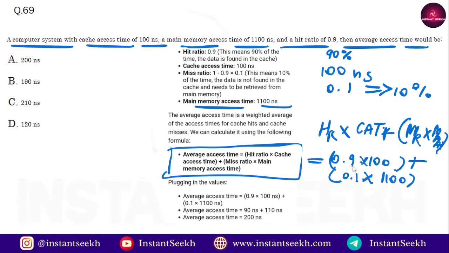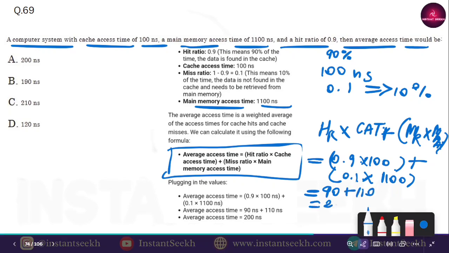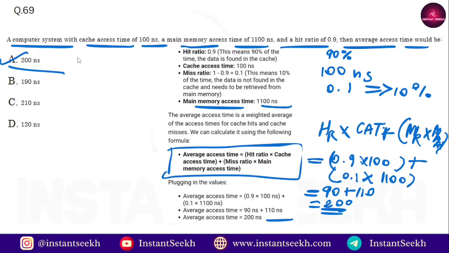If you calculate this, 0.9 times 100 gives 90, and 0.1 times 1100 gives 110. So the correct answer is 200 nanoseconds. That is option A, the correct answer for this question. Let's move on to the next.